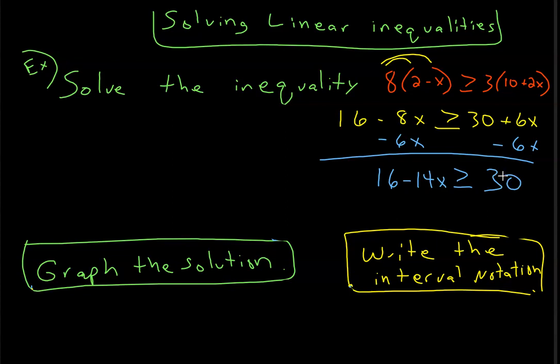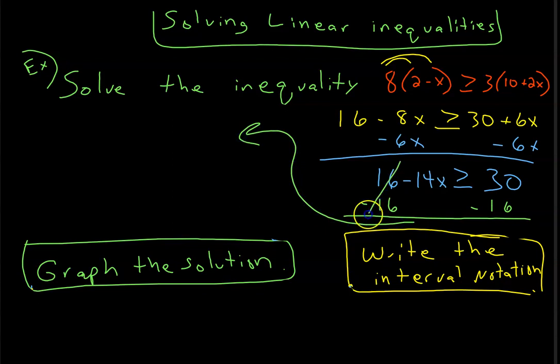So we're almost finished. To isolate the x, we still need to move the 16. So I'm going to subtract the 16 from both sides. I'll put the answer here. Subtract the 16, these cancel, leaving negative 14x on the left is greater than or equal to 14.